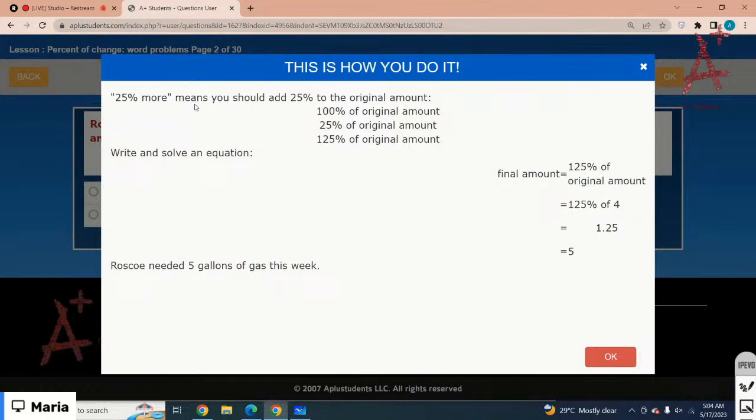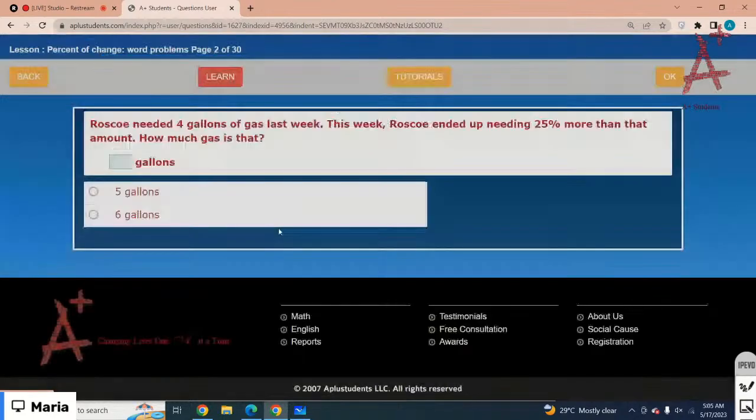When you calculate 125% of 4, it would be 5. Got it? 25% of 4 is 1, and when you add it to 4, it makes 5 gallons of gas this week. So the correct option is 5 gallons. Got it?